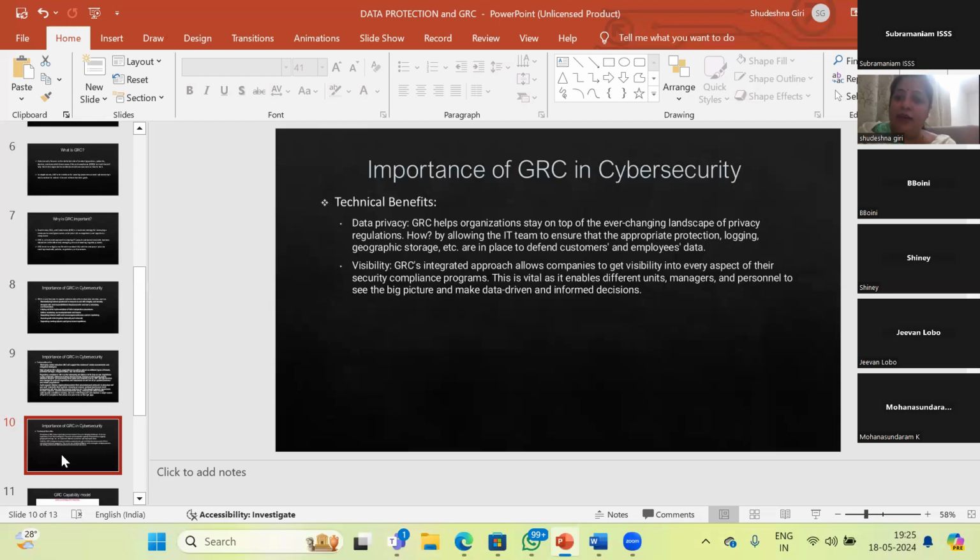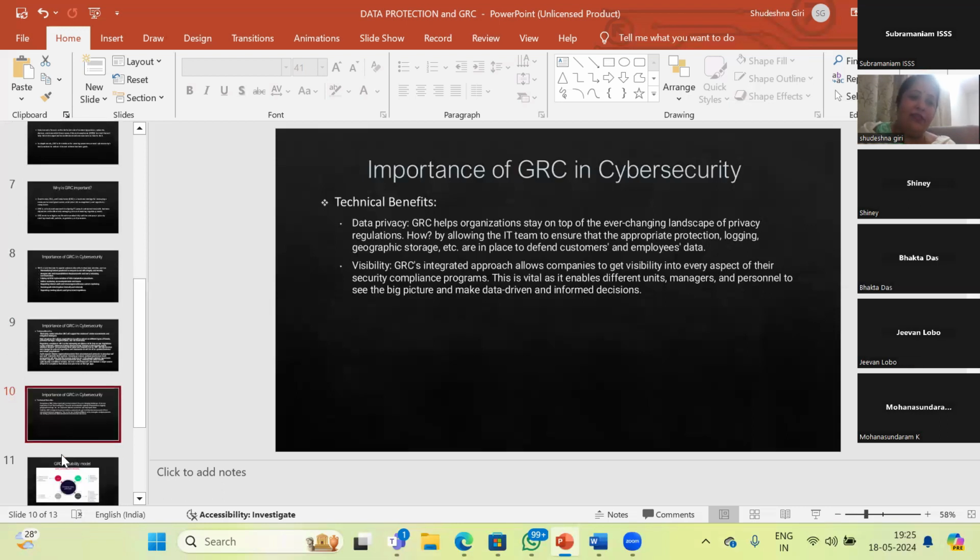Any question by now? Yeah, hi Sudeshna, this is Bhaktidas. When we talk about governance, especially with respect to data privacy, is there any template which we can use to implement in our organizations?